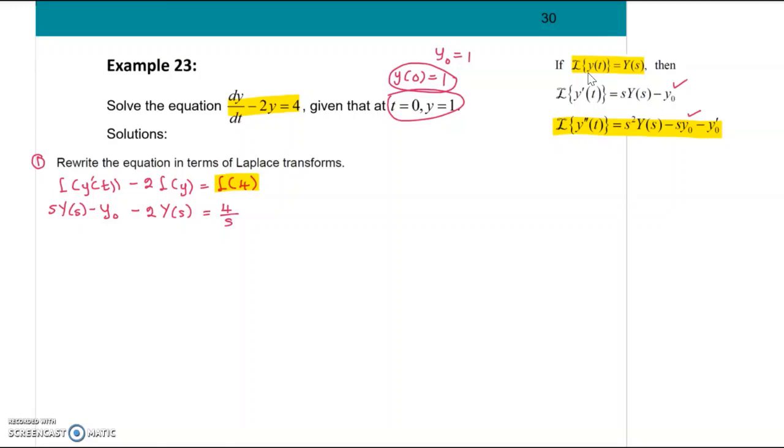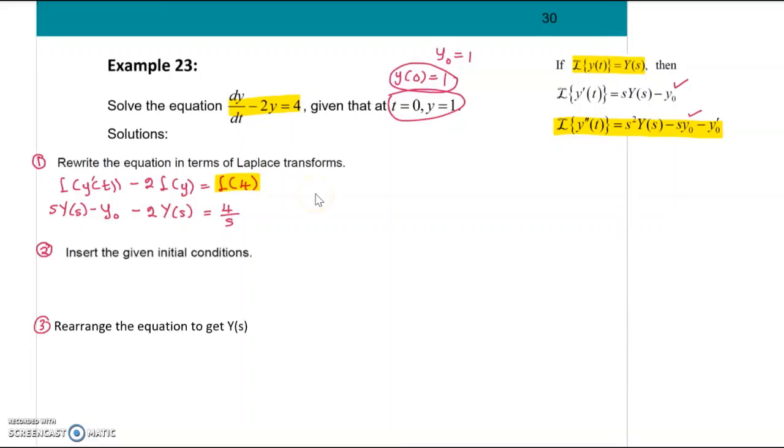And then second step, step number 2, insert the given initial condition. So our initial condition in the problem is 1, so y naught equals 1. Based on the previous step, we have sY(s) minus y naught. Now we are going to replace that y naught to be 1: sY(s) minus 1 minus 2Y(s) equals 4 over s.